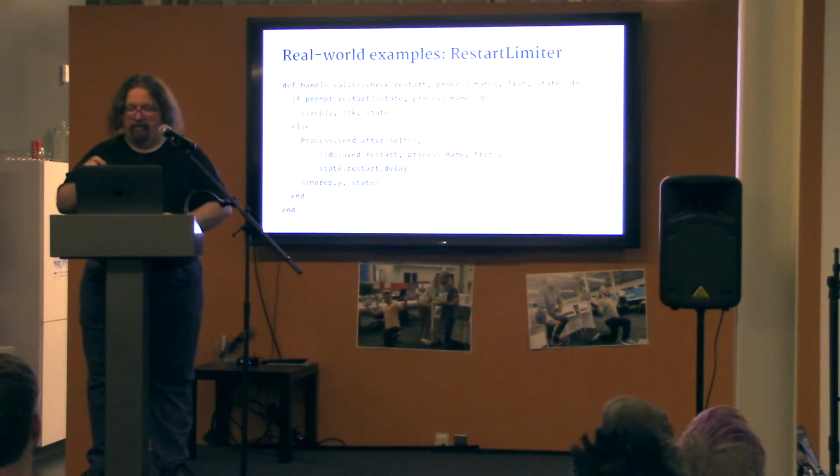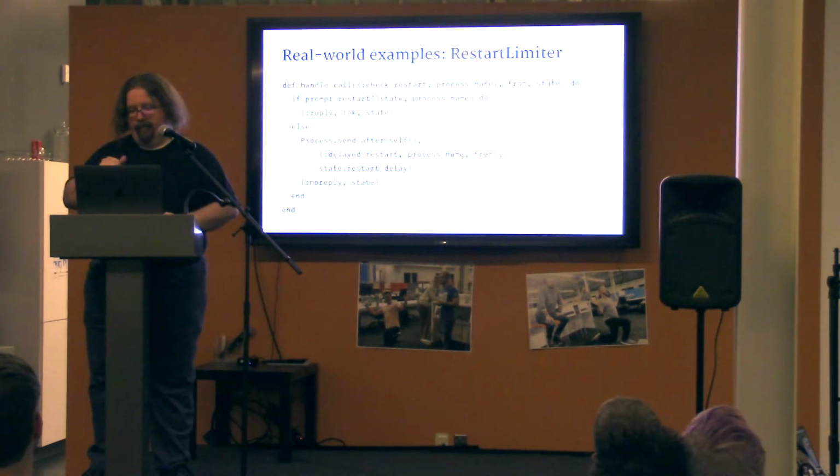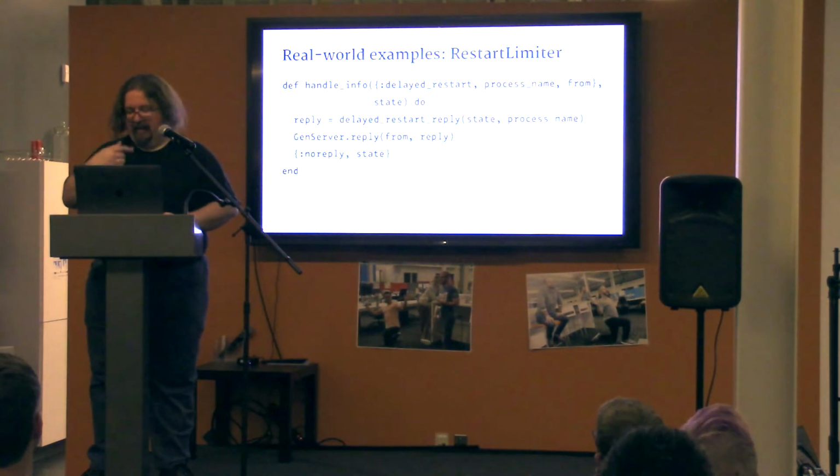Then restart limiter says, okay, if we should do a prompt restart, just reply back with an okay, and we're all good. Otherwise, wait a restart delay, and send ourselves a message that says, okay, now it's okay to reply. And that handler is there.